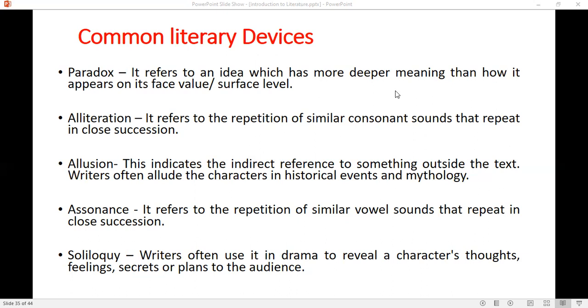You can see this technique very often in the teledramas that you watch. If you take the Tamil or Sinhala teledramas, you can easily identify this technique used by the directors.